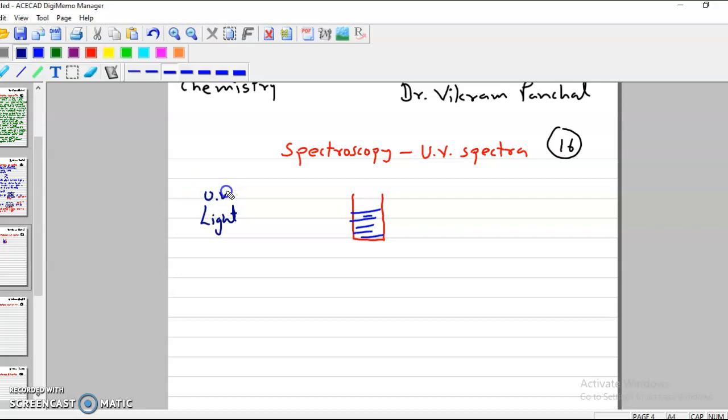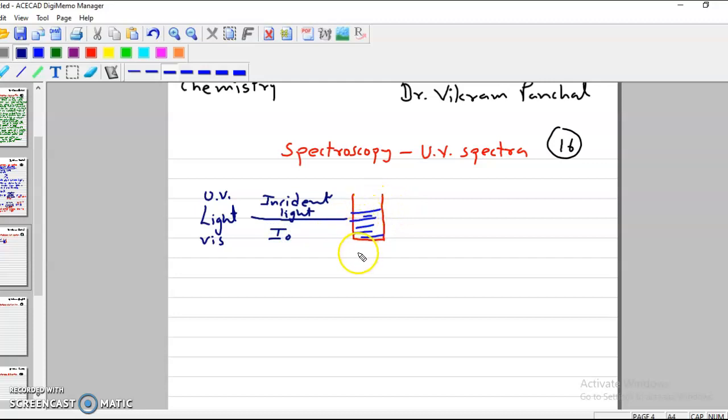One is of UV light, another is visible light. These two lights will be passed through this. Okay, the light which is passing having certain intensity, and this light is called incident light. The intensity of incident light is I0.